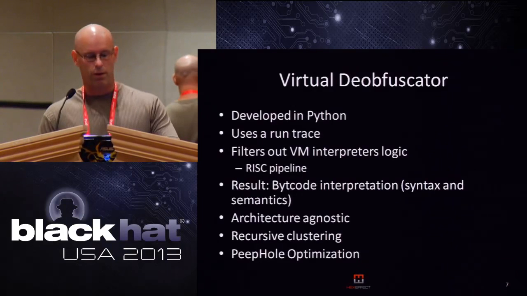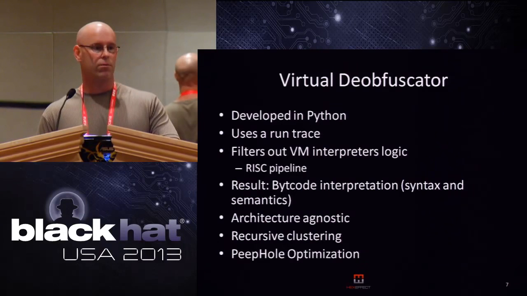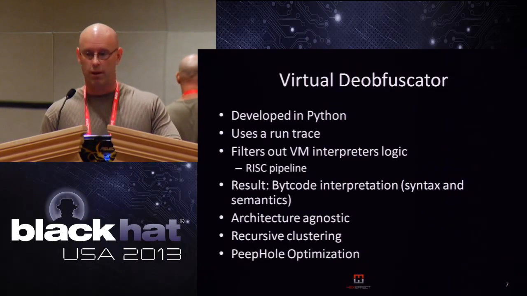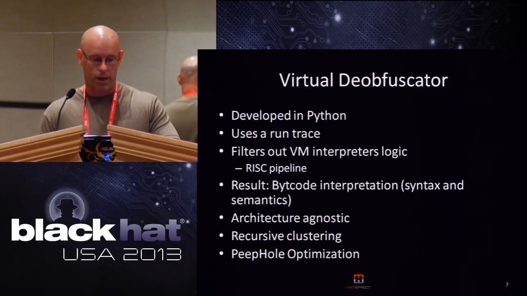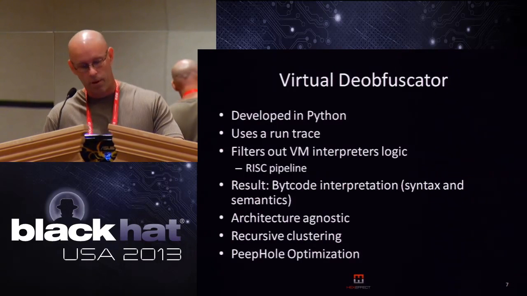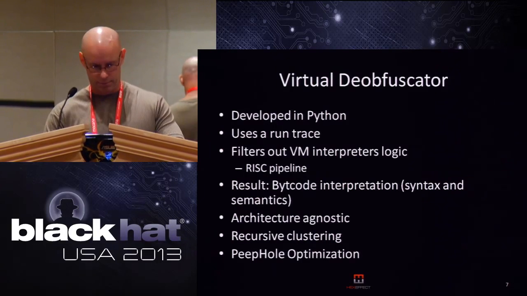I also wanted to be architecture agnostic, so it doesn't matter how many jittering of the virtual machine there is, it'll still work on all the different products that are out there. And of course, the way it works is through recursive clustering, and I came up with a peephole optimization. I'll talk more about that as we come to it.